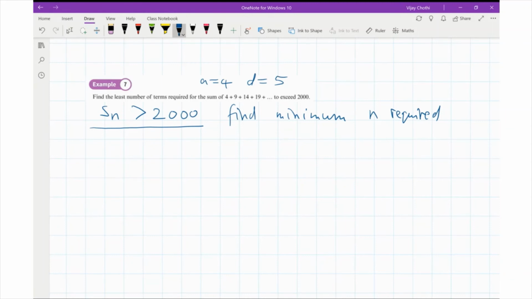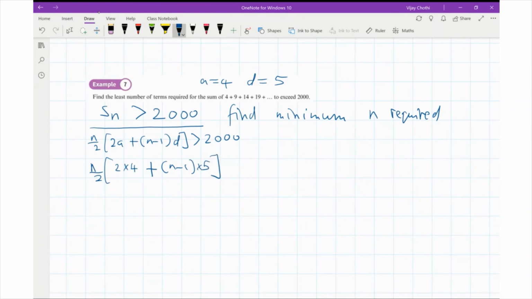So Sn is n over 2, 2a plus n minus 1 d, and it has to be more than 2000. So I substitute the values that I do know. n I don't know. That's what I'm trying to find. 2a is going to be 2 times 4 plus n minus 1 multiplied by d. And that has to be greater than 2000.